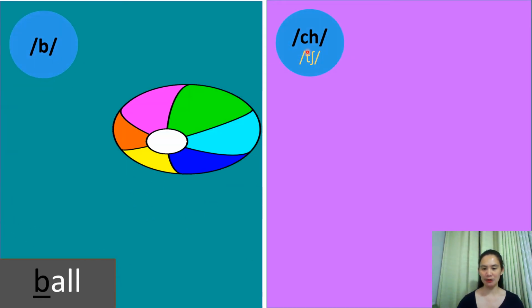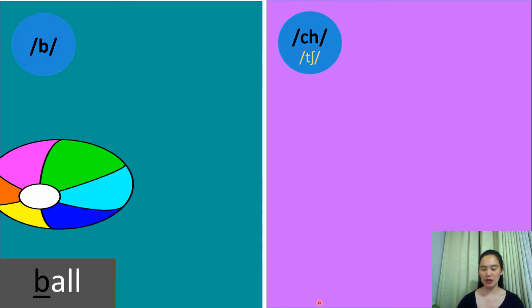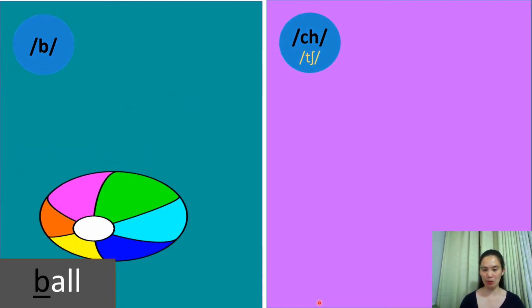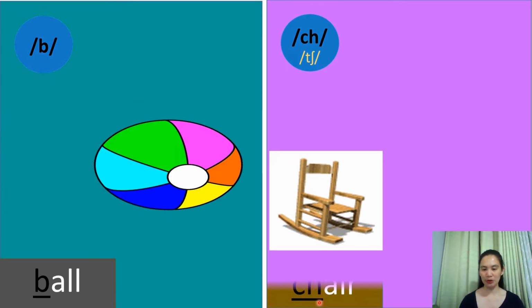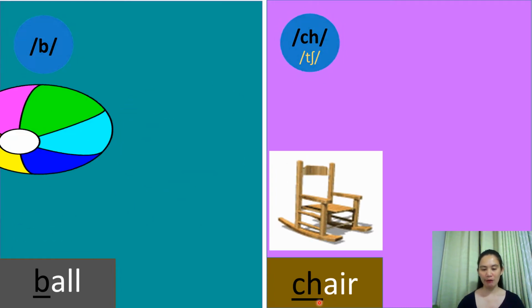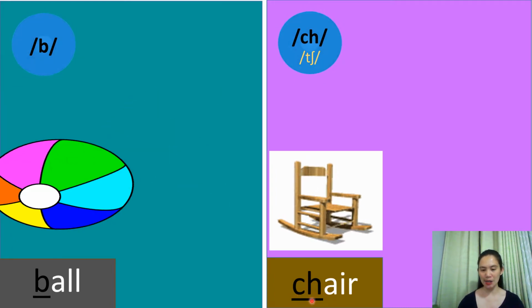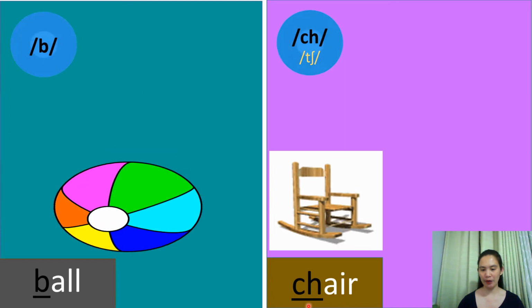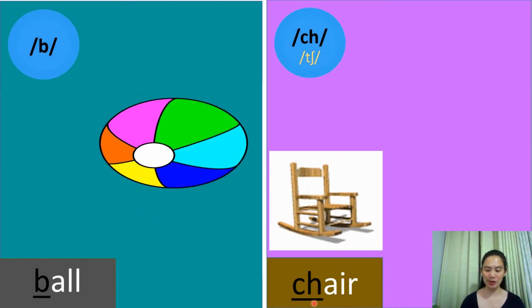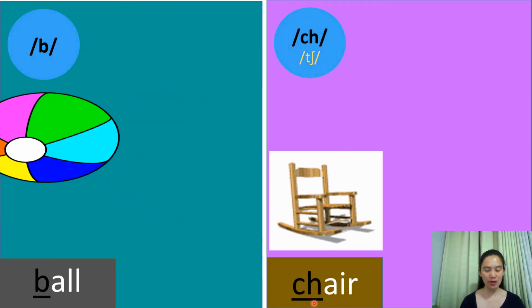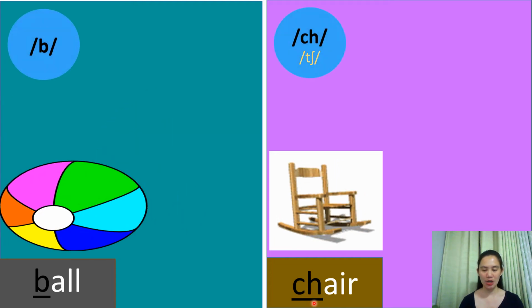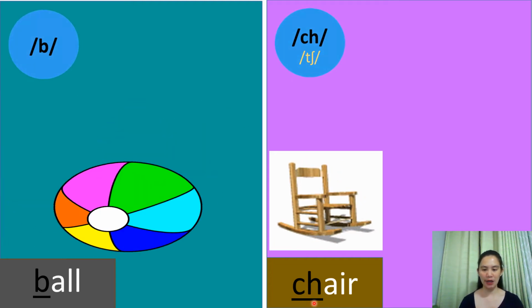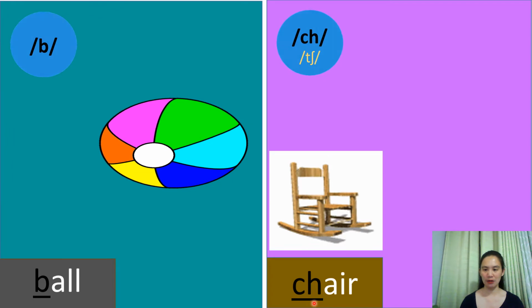Next symbol has a sound of Ch. Same sound can be heard in the word like ch, chair. This digraph CH has a sound of ch and can also be heard in words like champion, choke, and chat.